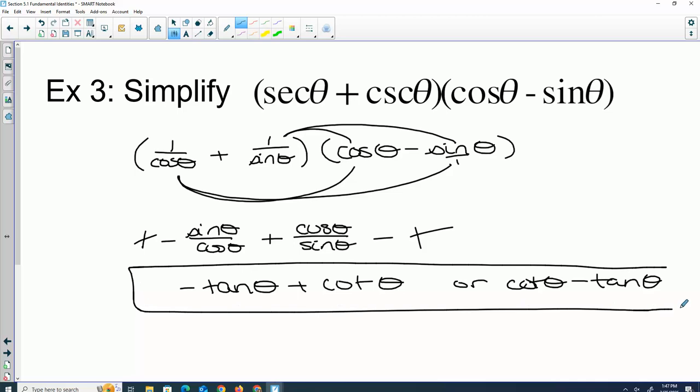Either is fine. So we're just simplifying as much as we can. When in doubt, change the sines and cosines. Two more for today.